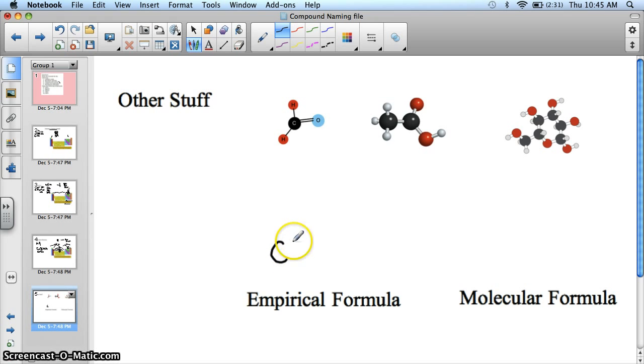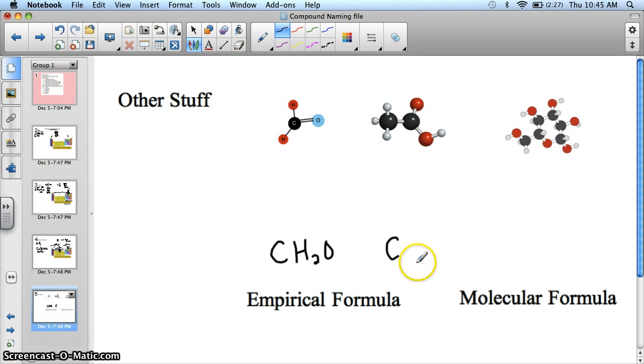So we have C, H2, and O. This happens to be formaldehyde. Formaldehyde is used in the preservation of dead bodies. This has the same empirical formula, but it is different. This is acetic acid.